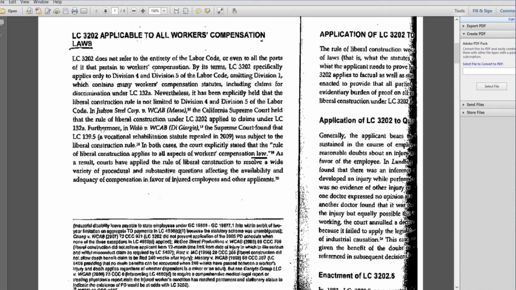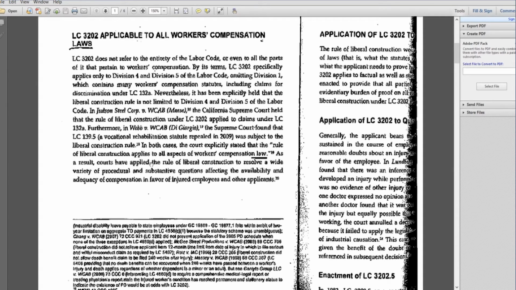He says, in Judson Steel Corporation versus the Workers' Compensation Appeals Board, the Supreme Court held that the rule of liberal construction under Labor Code 3202 applied to claims under Labor Code 132.A.